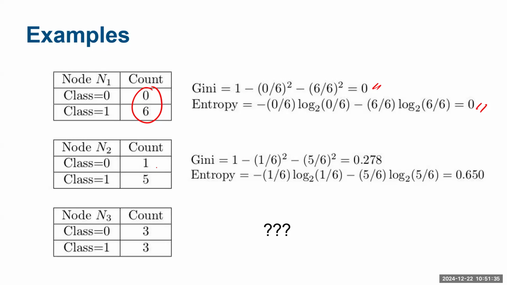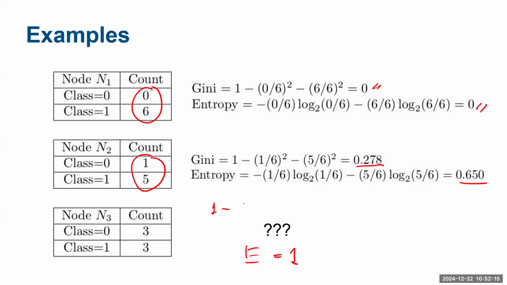Now, what about near perfect? For the near perfect, the Gini index, you get 0.278. For entropy, you get 0.65. So the entropy is a lot higher than the Gini. What about equal split? For entropy, you get 1. What about the Gini?